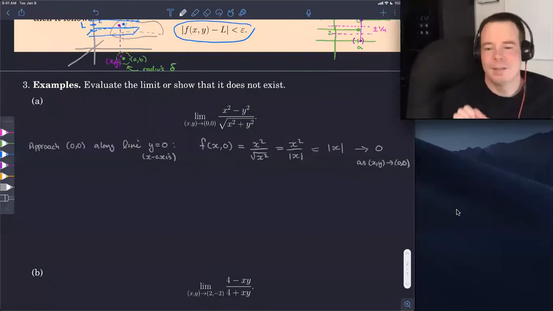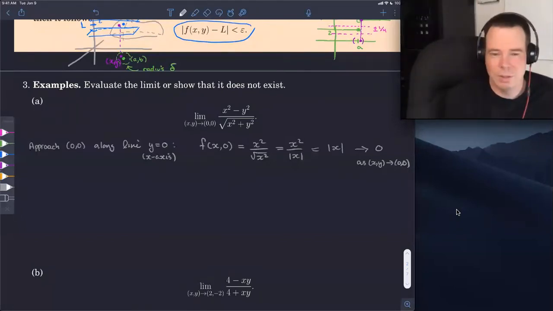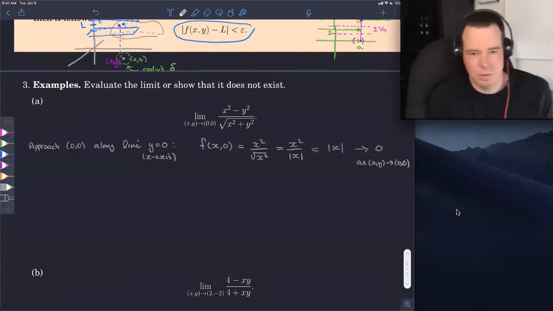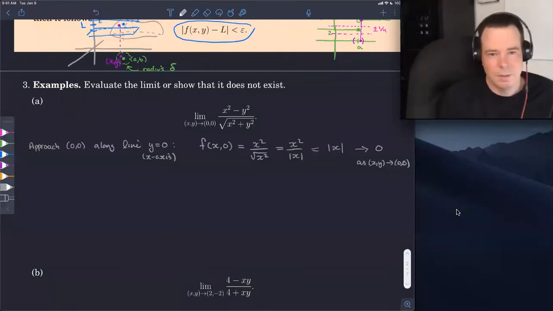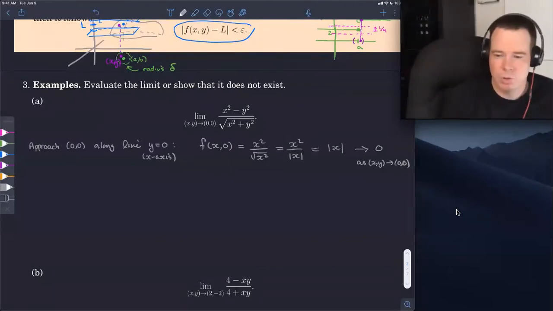So if the limit of this function exists, I already know it's got to be 0. But this isn't enough to tell me that it is 0 for any direction. It just says that if I come along one particular direction, it goes to 0. If the limit exists, that number is independent of the direction you approach from, so the number would have to be 0. But maybe it's not. Maybe if I approached along another direction, it gives me a different value.